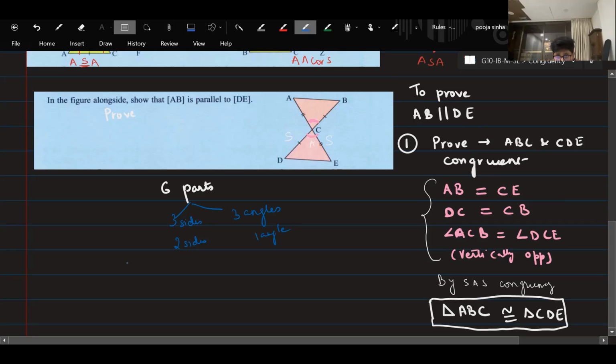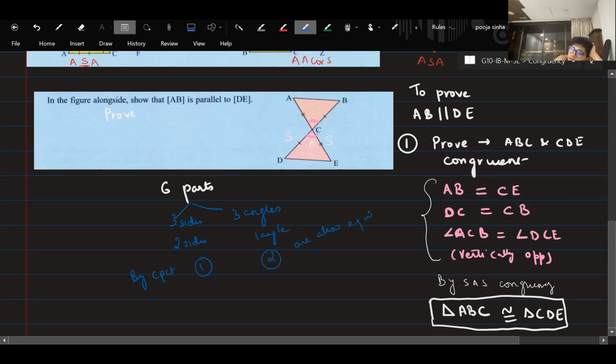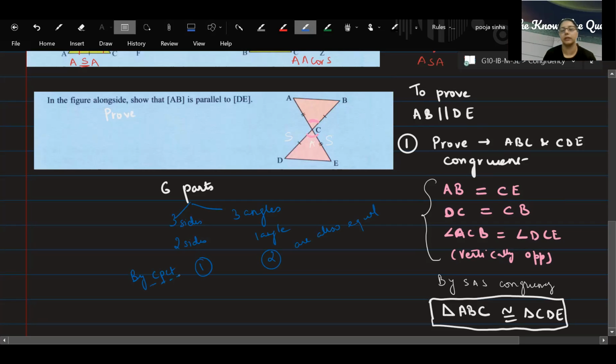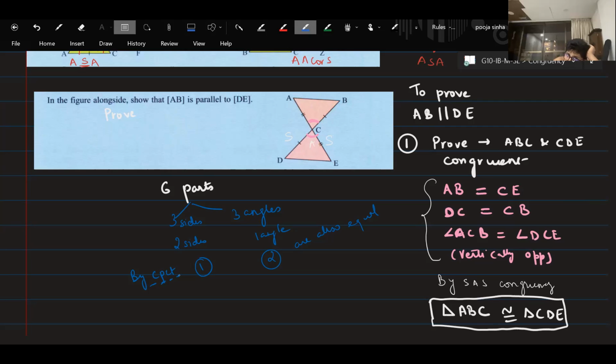And इसके बाद हम बोलते हैं by CPCT, the other 1 side and 2 angles are also equal. What is CPCT? Corresponding parts of congruent triangles. जो बचे हुए parts हैं, we conclude that they are equal.